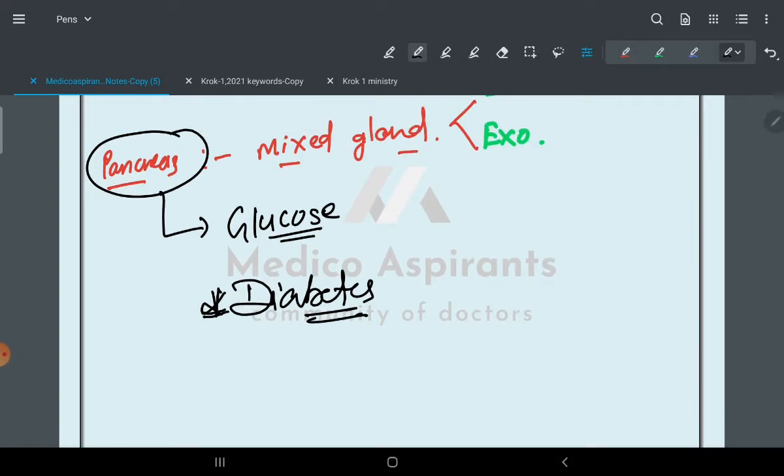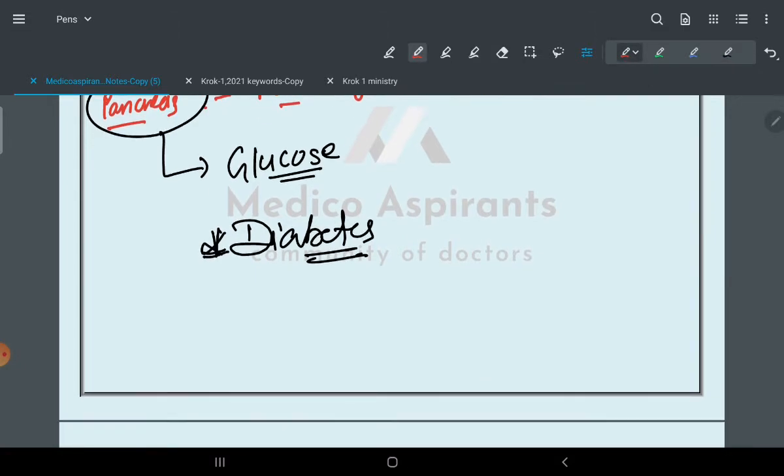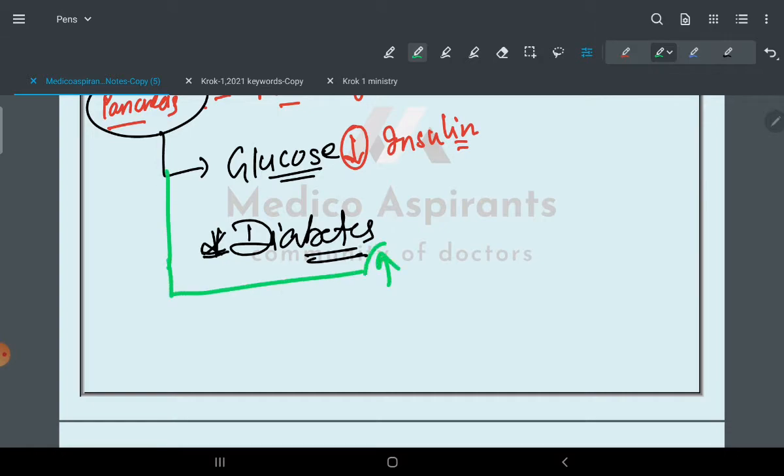But what you should not ignore is that it is not only glucose. The pancreas regulates glucose by producing insulin, which simply decreases the blood glucose amount. It also increases the glucose amount by glucagon. And the third one, which I'm not telling here because you might get confused, so only remember these things.